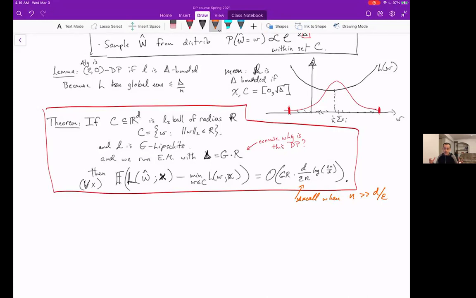For one thing, we'll see an algorithm whose dependency scales more like square root of d under approximate differential privacy. And there are other algorithms we're not going to cover that exploit other structure, say of the constraint set, and allow us to get more refined bounds on the accuracy. But for now, this is our first pass, and it's going to give us something pretty interesting to start off with.